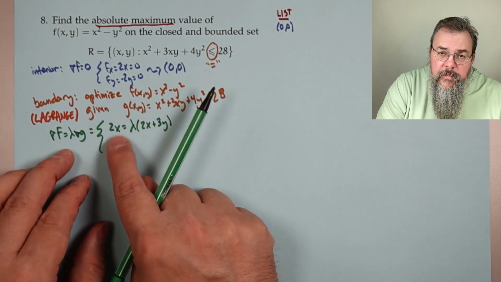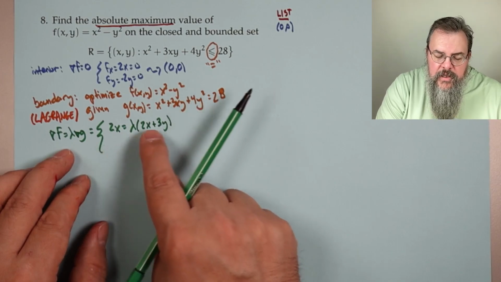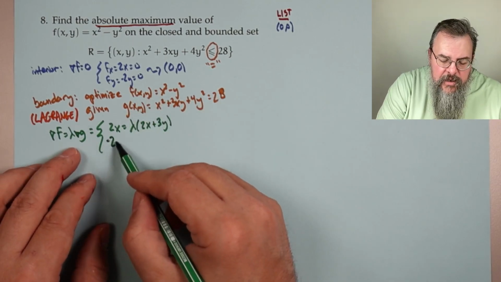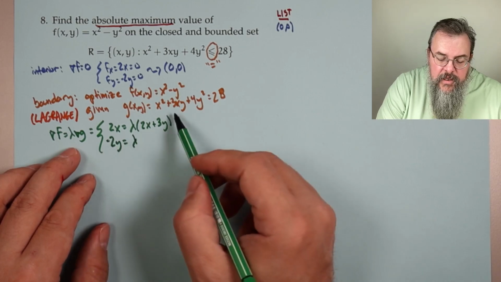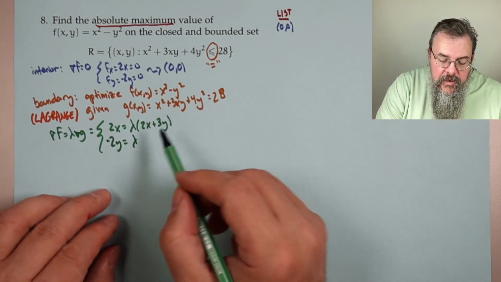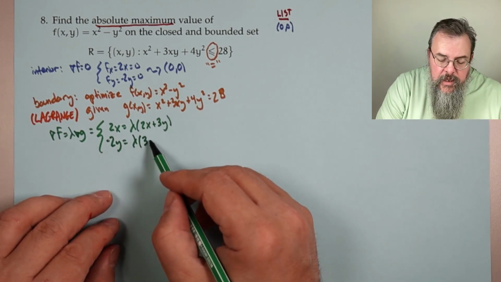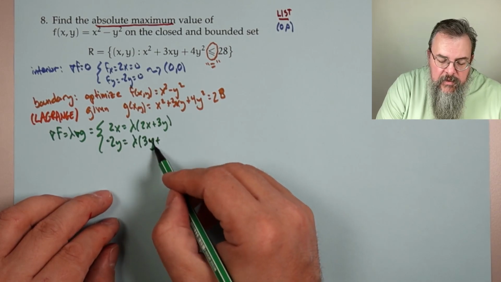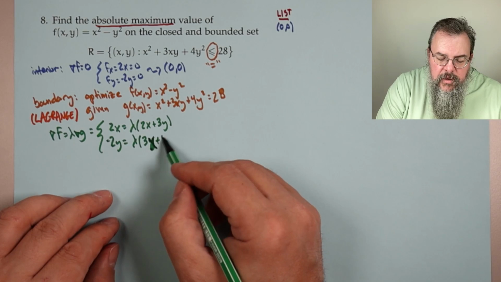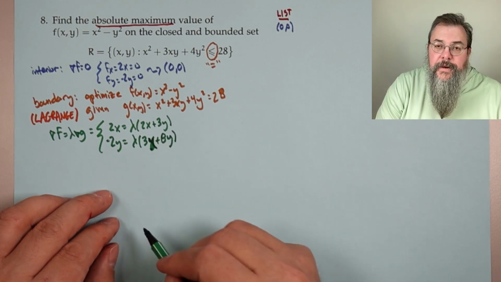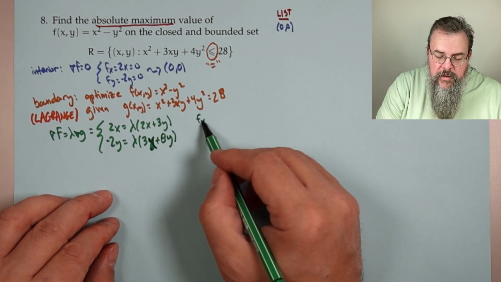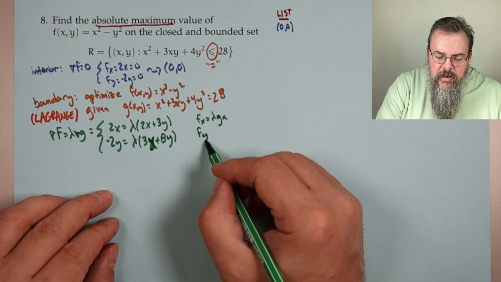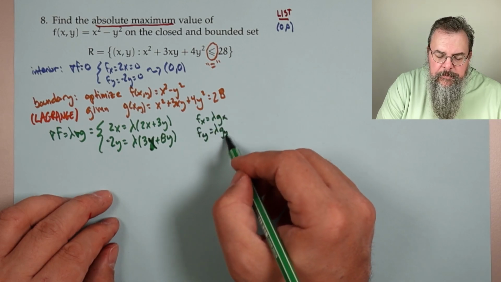I should say f sub x equals lambda g sub x. F sub y, minus 2y, equals lambda g sub y. So that would be 3x plus 8y. There we go. So I'll write down what we just did: Fx equals lambda gx, Fy equals lambda gy.